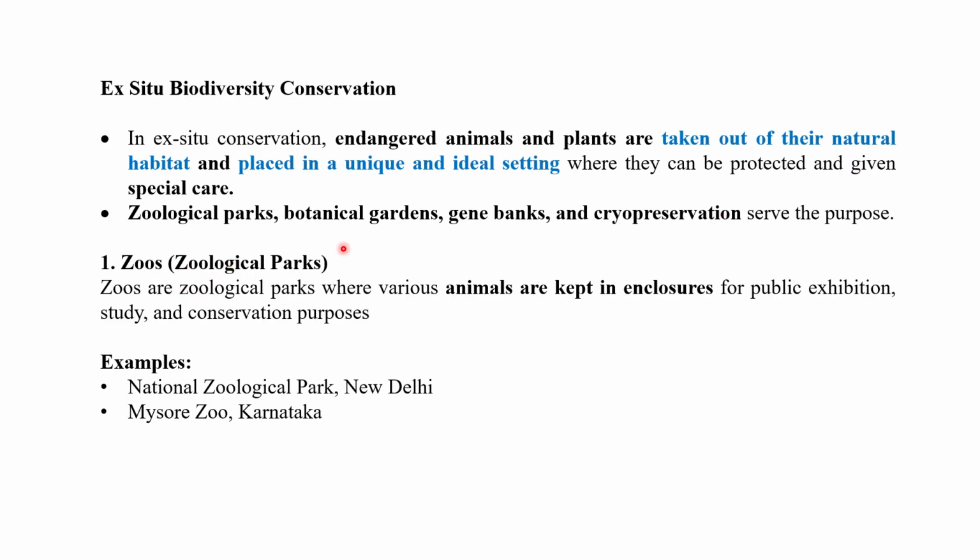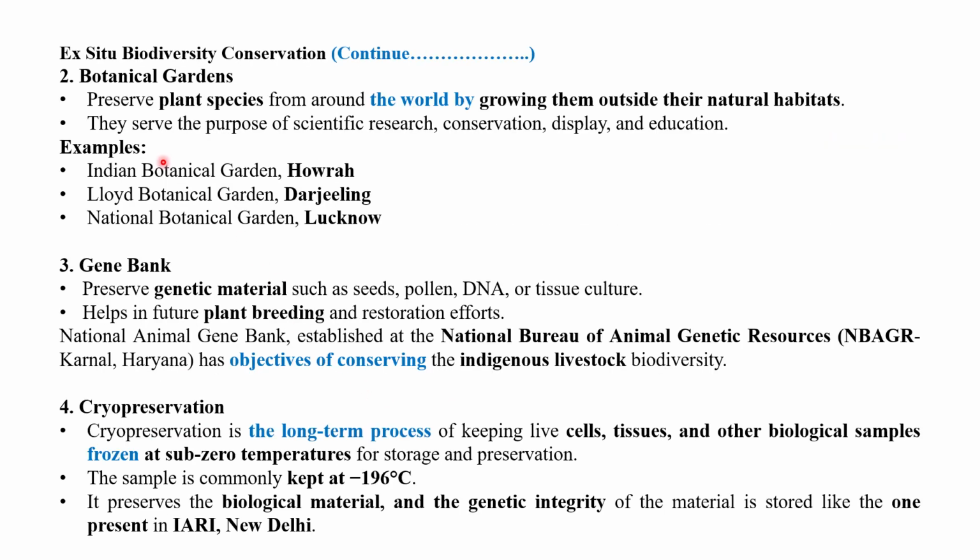Zoos are nothing but zoological parks where various animals are kept in enclosures for public exhibition, study, and conservation purposes also. For examples, we can see the National Zoological Park in New Delhi, Mysore Zoo, Karnataka. Likewise, the next one is the Botanical Gardens, where also ex situ biodiversity conservation is carried out.